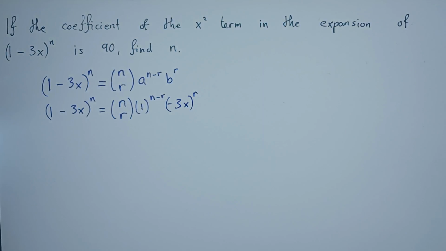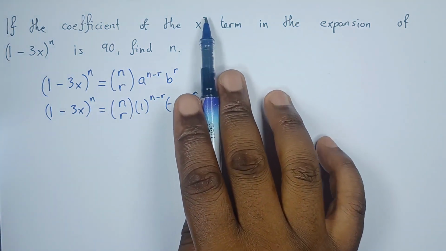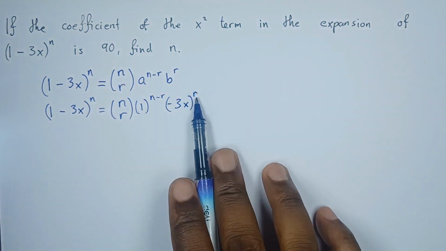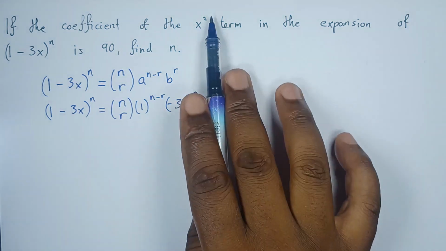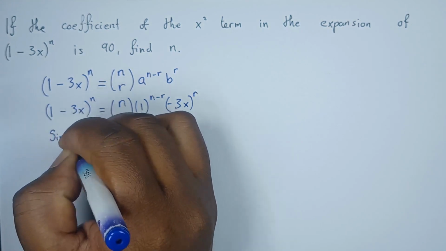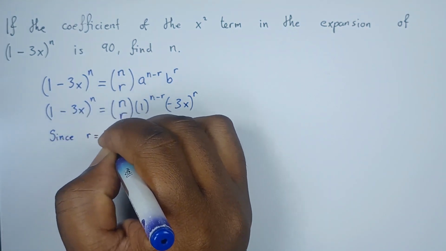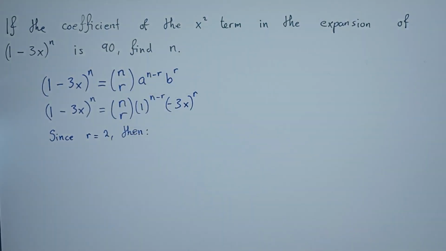So how do we know the value of r? Well, it's easy because we have x here, and remember, we've been told that it's x squared. So meaning that for us to have a squared here, the value of r is 2. So since r is 2, let's see what we get.